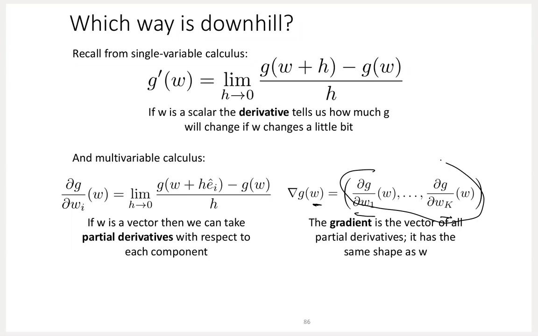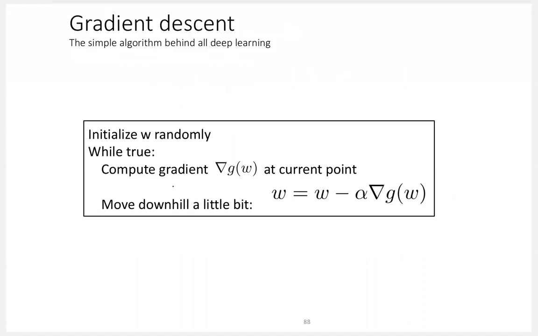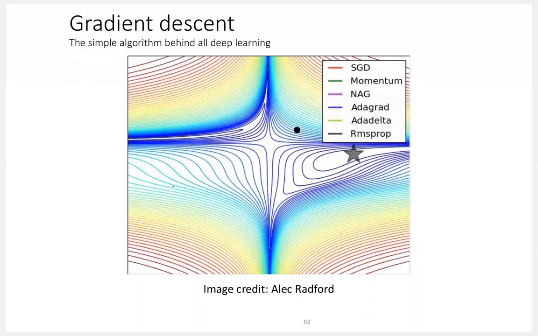And of course, I cannot just go downhill all the way, right? For example, if I have a figure here, maybe the optimum is here. Maybe I am somewhere here, right?